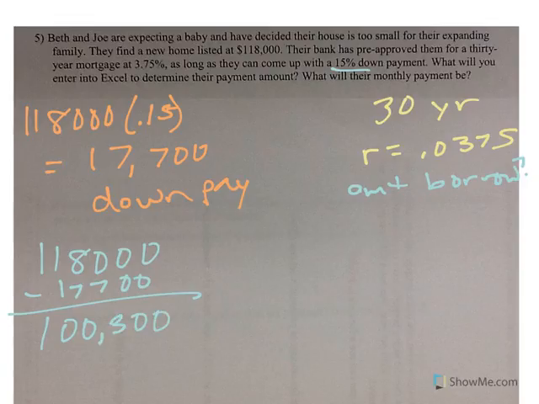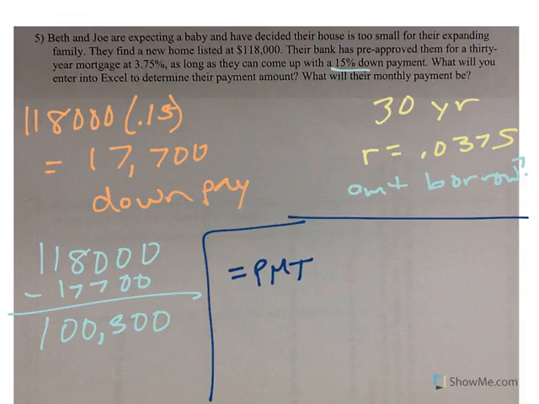So into Excel, they are going to type equals PMT. Let me break this off. It's PMT because they're trying to find their monthly payment, right? First, we start with our rate, APR divided by 12, because you want it to become a monthly rate, comma. Well, how many payments are they making? 12 payments a year times 30 years in the loan. And the last one is, how much are they borrowing?